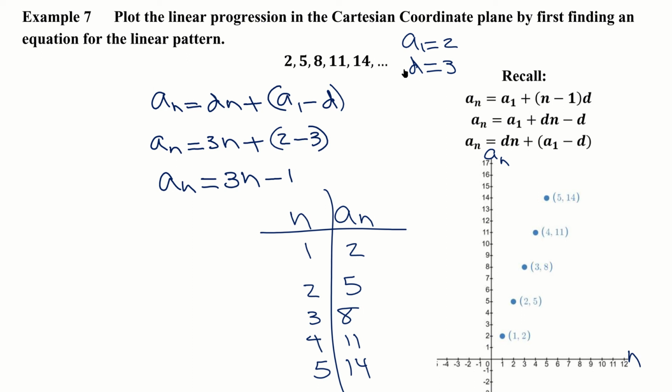So this is just a part of the graph. The entire graph would just keep this collinear pattern going forever. All right, and of course, if you were to graph the corresponding y equals mx plus b version of this, you would have y equals 3x minus 1, right?